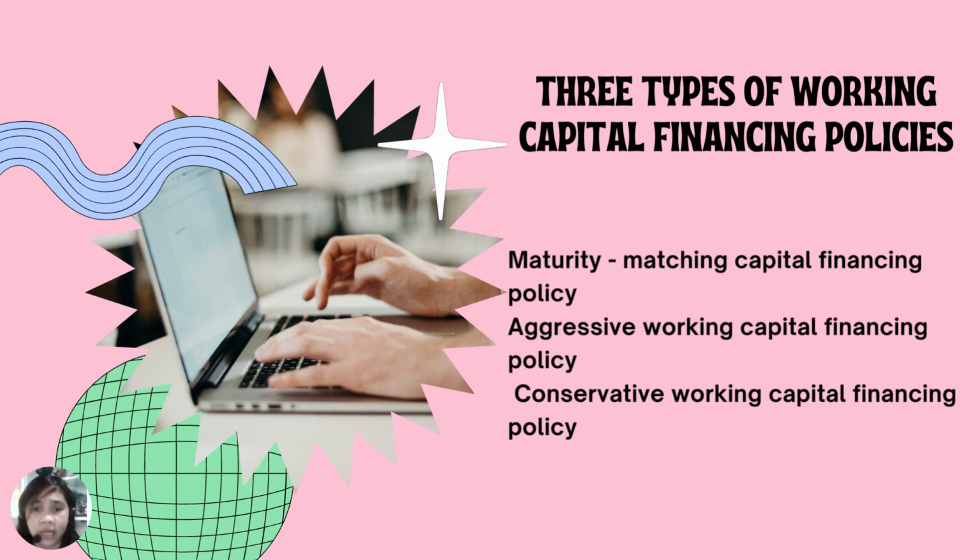Because with 100 million sales, there will be more cash needed for the operation, more accounts receivable, and if the company is a trading or manufacturing company. Kung mataas po yung ating annual sales, hindi po kakayanin yung 10 million po as working capital para ma-support po natin yung 100 million sales.